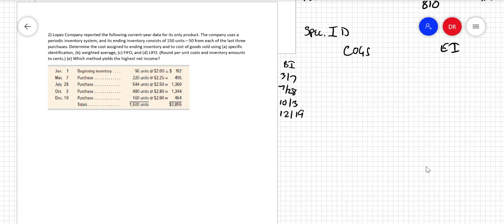So here's what I'm going to do. I'm going to do the ending inventory first because they give it to us. We have 50 units from 12/19 at a cost here of $2.90, and that total will be 145. We have 50 from 10/3, and that cost will be $2.80, and that will be 140.